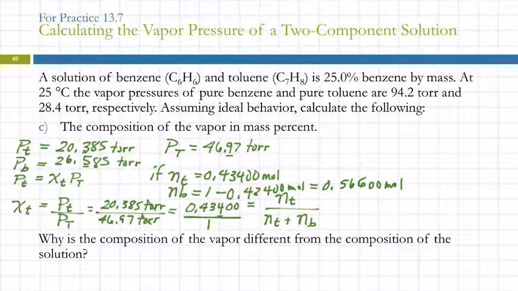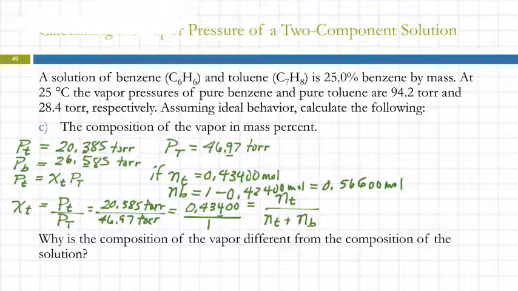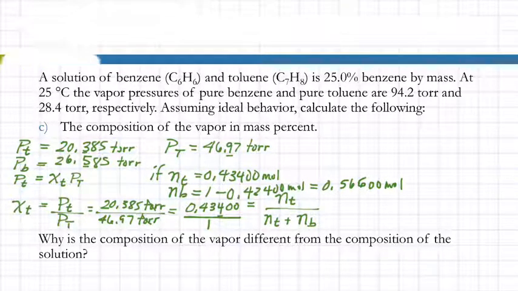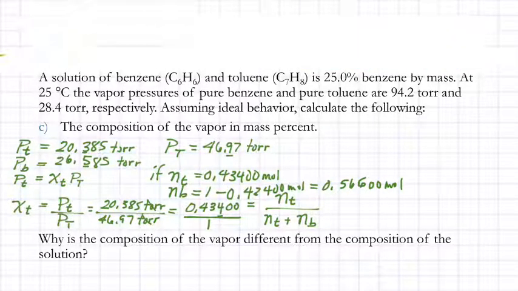So we've got moles of toluene, moles of benzene. How do we find the mass percent? You have to convert these to masses, right? Okay.